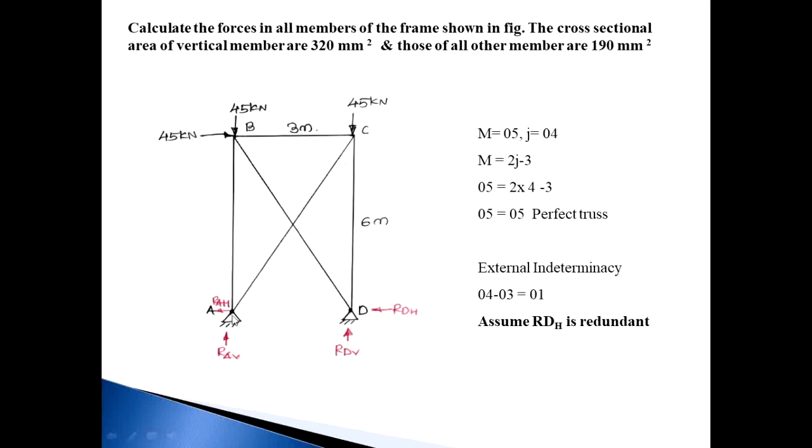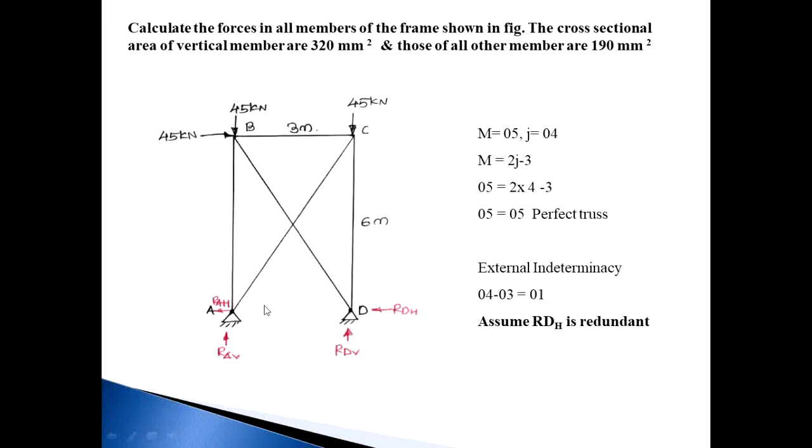But supports A and D are both hinge supports. So the number of reactions is 4 and we have only 3 equations. So the indeterminacy will be 1 and that is external indeterminacy. If you want to analyze this structure, you should remove one horizontal force, that is RDH. When you remove RDH, the number of reactions at point D is 1 only, that is RDV, and at point A is 2, that is RAH and RAV.